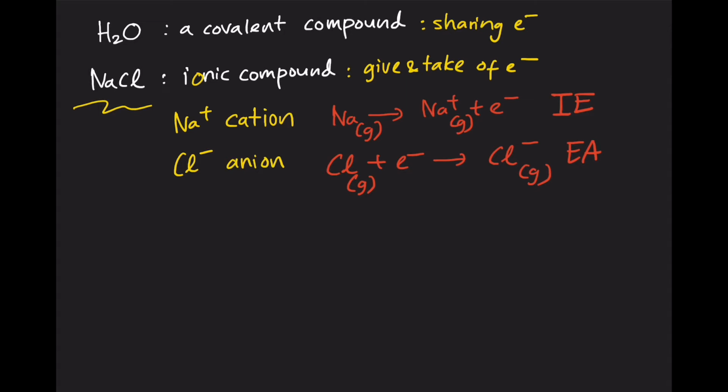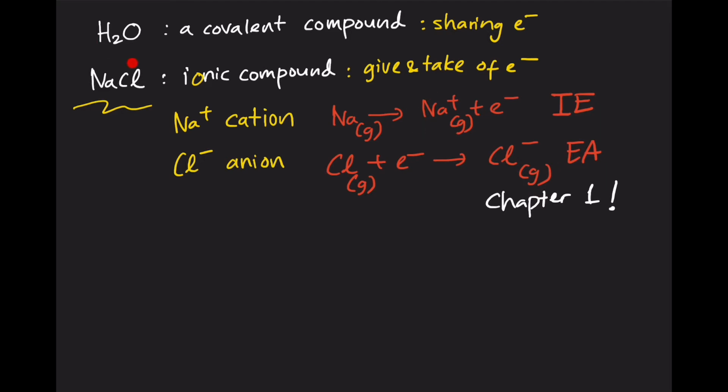Now, in the ionic compound formation, the sodium will release an electron, and the released electron will be accepted by the Cl, so the Cl will become Cl-, and the Na will become Na+.